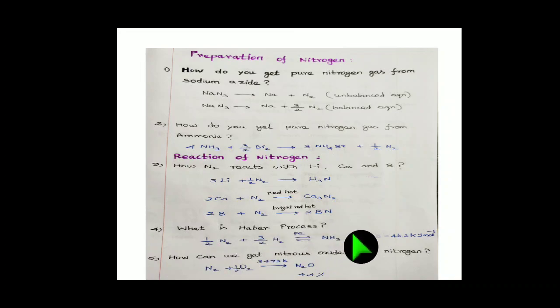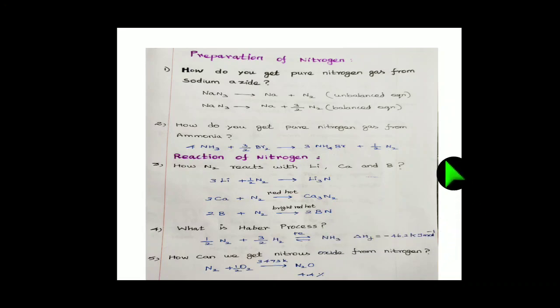Here nitrogen combines with hydrogen, it gives ammonia. We know this very well, but let's see how to balance this equation. Right side nitrogen 1, that's why 1 by 2 N2, the 2 cancels, nitrogen 1. Here hydrogen 3. For making 3, 3 by 2 I have given, the 2 cancels, 3 hydrogen.